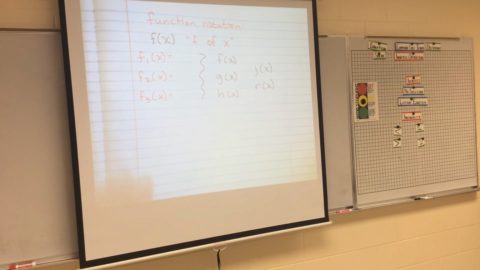Can we do x of x? We could, but I would suggest against it. If you're using a variable other than x, I would not use that to name your function, because that could be confusing.